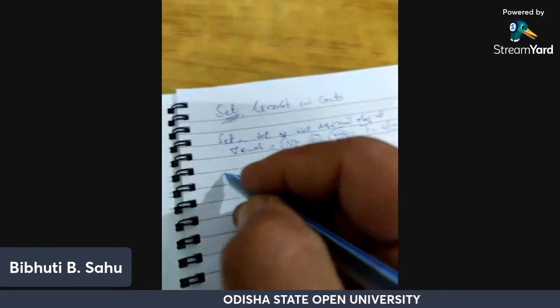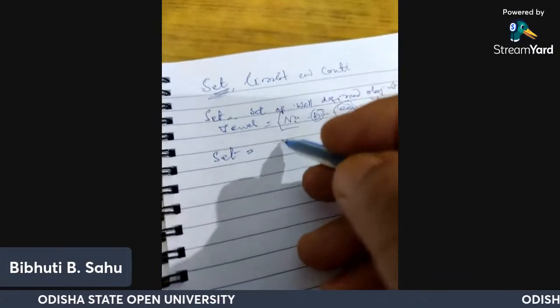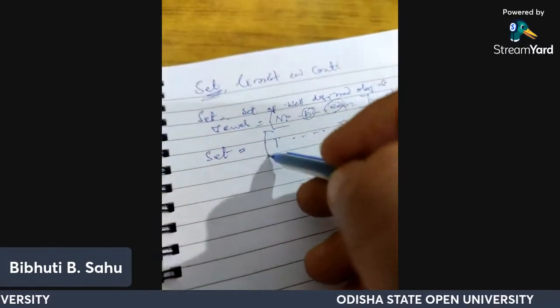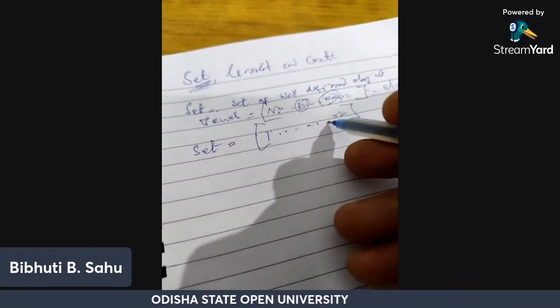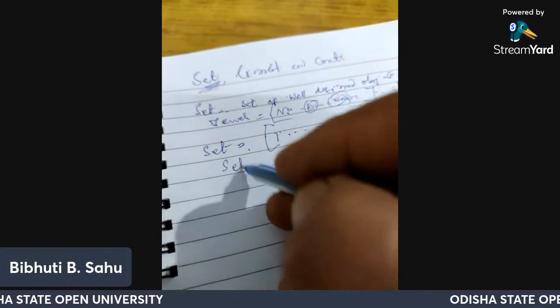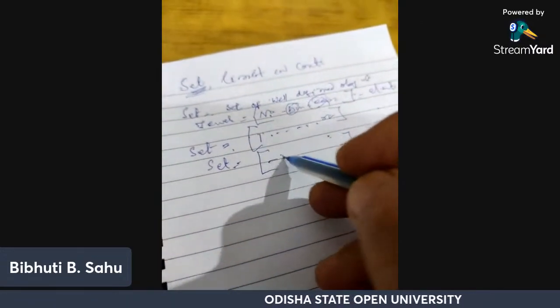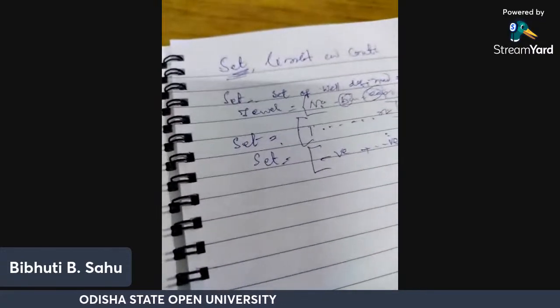When we talk about the set of real numbers, they comprise natural numbers from 1 to n, and these numbers are well defined. If we say the set of integers, then it comprises values from negative to positive and likewise.